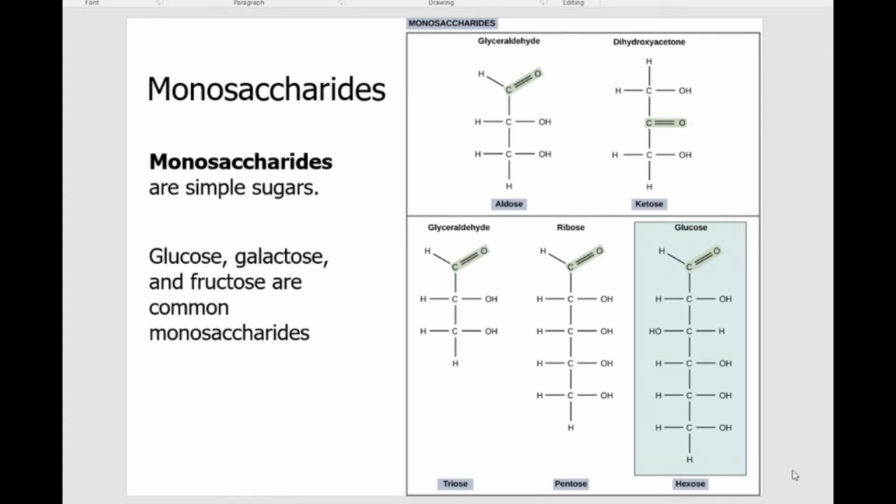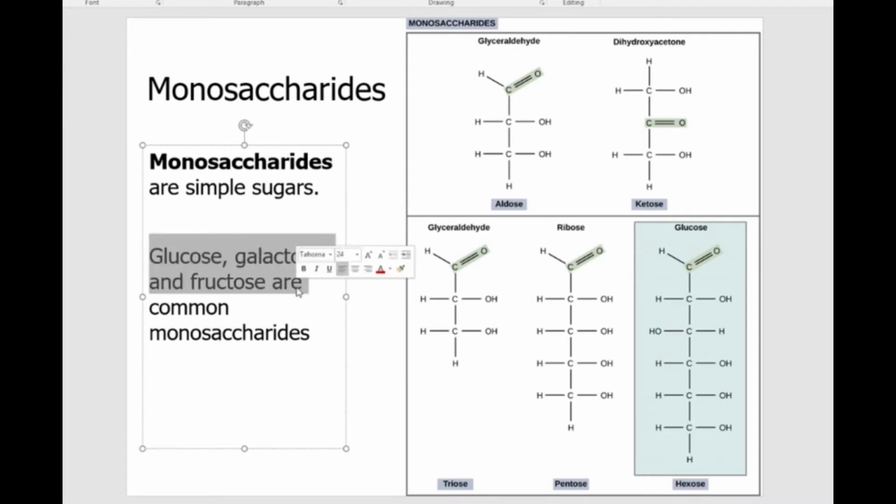So that's 6 carbons. Galactose has exactly the same chemical formula as glucose, but the structure for galactose is slightly different. And fructose again has the same chemical formula as glucose, but the structure is different. So all these are very good examples of monosaccharides.